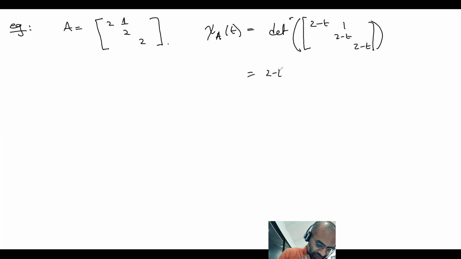It's just 2 minus t cubed. So there's one eigenvalue, 2, with algebraic multiplicity equal to 3, because it appears 3 times as a factor.